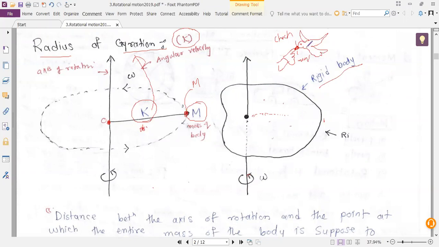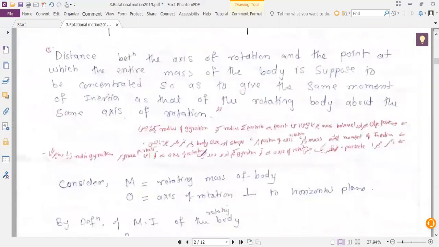Radius of gyration is that part in which the whole body mass is balanced. So from the axis of rotation to this place is called the radius of gyration. I hope you understand what radius of gyration is.